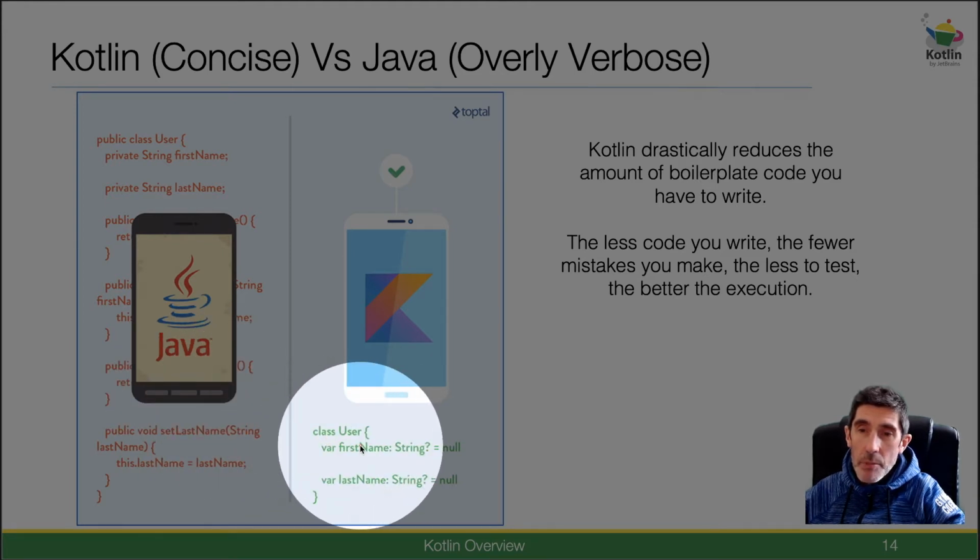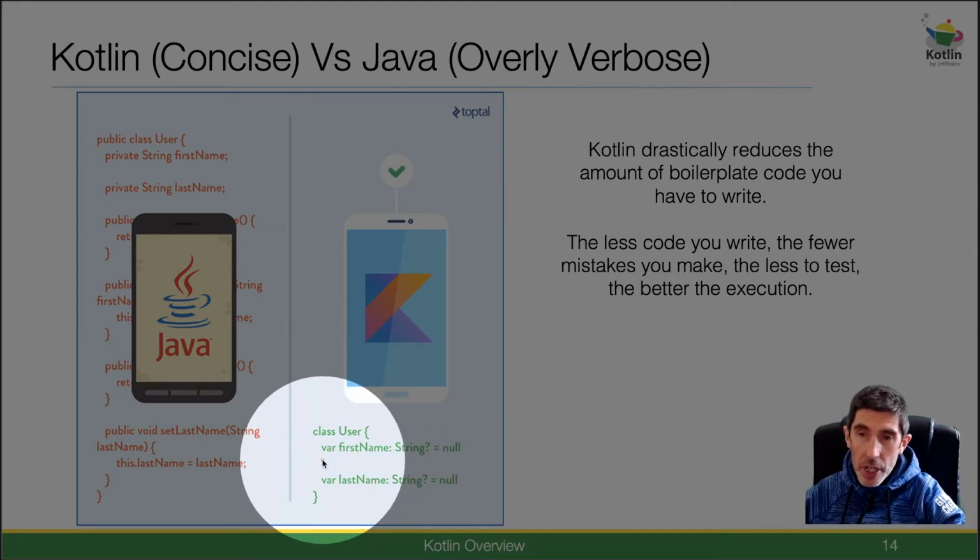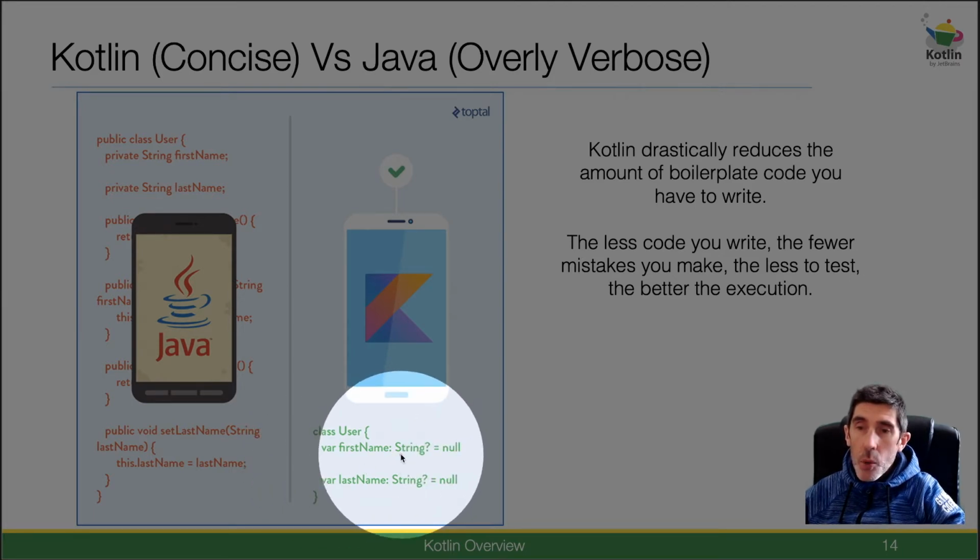Whereas in Kotlin, because the default access is public, we simply declare two variables here, two fields I should say, first name and last name. We'll talk about that var stuff later on. There's var and there's val. There are subtle differences between them and we will cover those in due course. We specify a type, so we can see there the little colons, and again we'll talk about those.